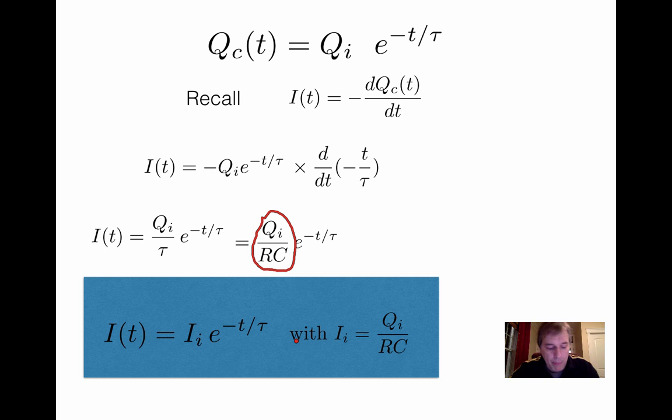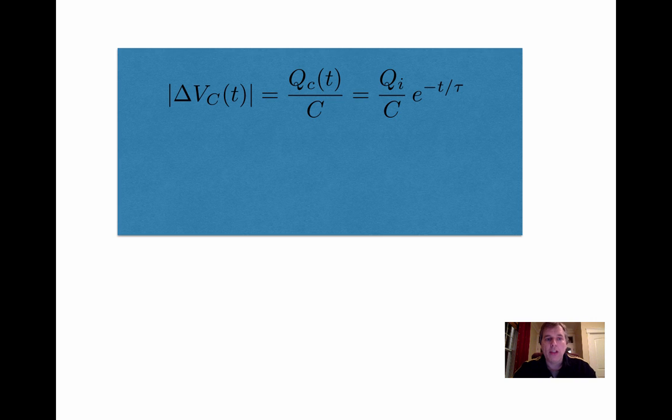But we can also calculate anything else, including the voltages across the capacitor and the resistor. The voltage across the capacitor, the absolute value to be precise, is given by this equation. And that's always true at any time for a capacitor.